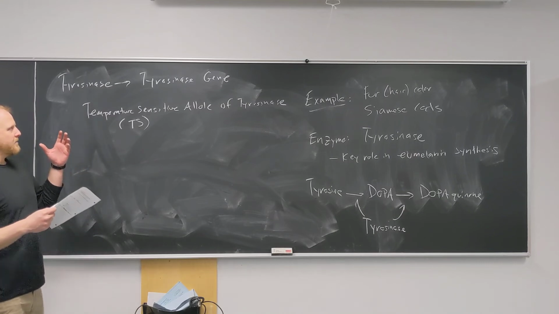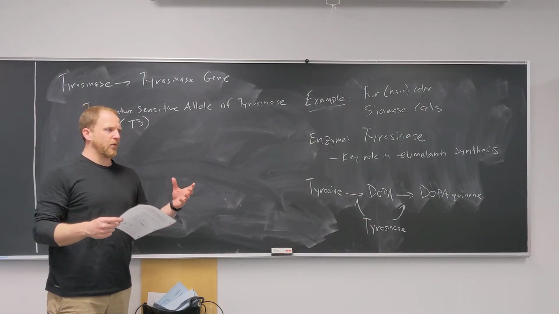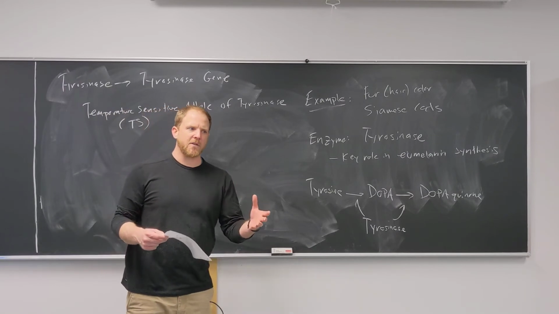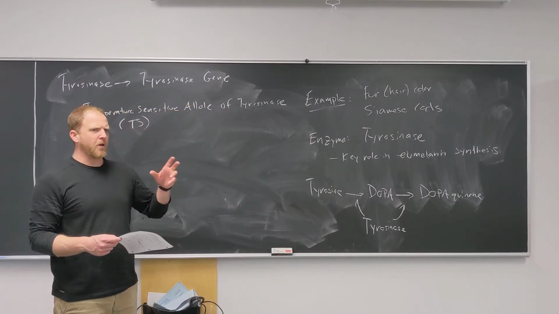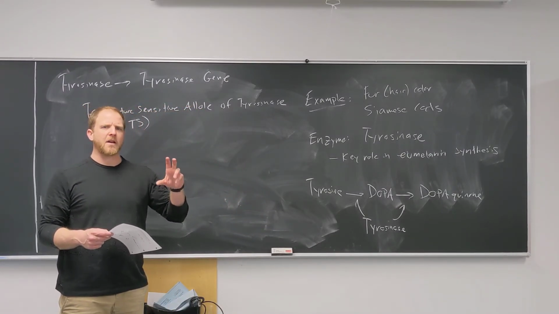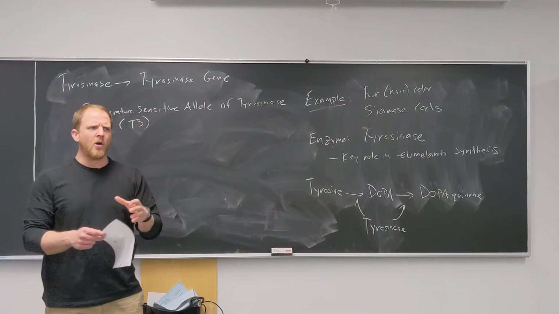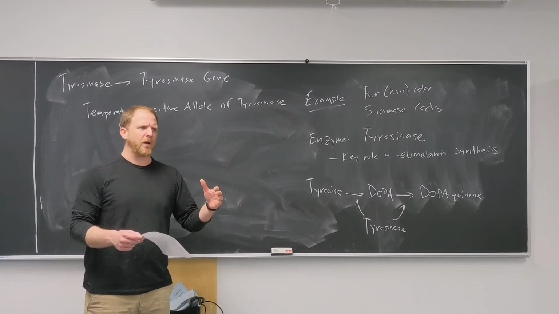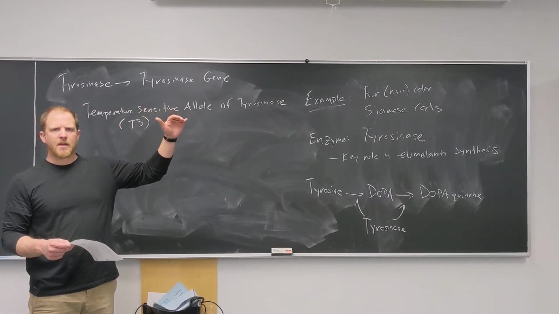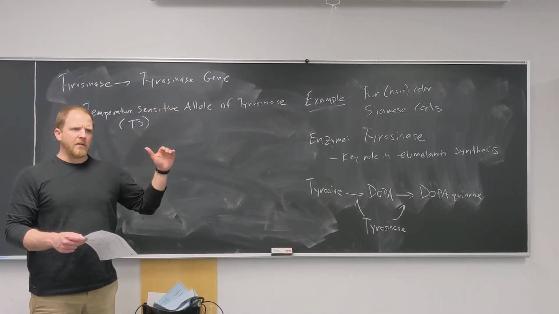This temperature sensitive allele actually encodes for a tyrosinase that has a different sequence. I'm not quite sure what the genetic change is, if it's a SNP, a single nucleotide that changes one amino acid, or if there are several amino acids that are different between the normal wild type tyrosinase allele and the temperature sensitive allele.